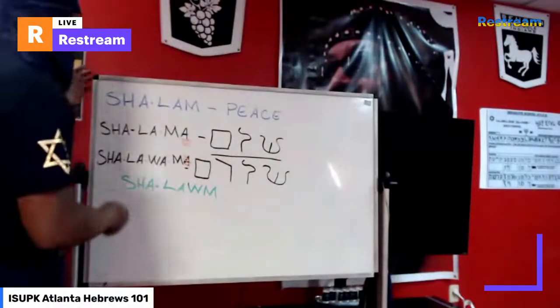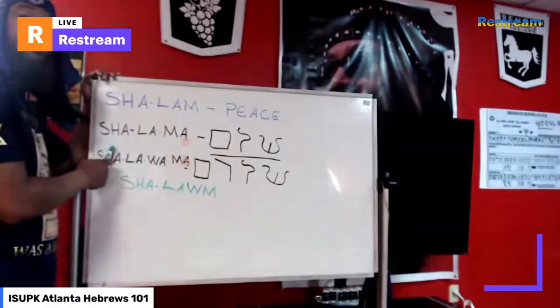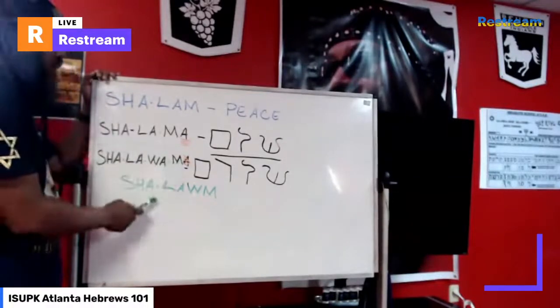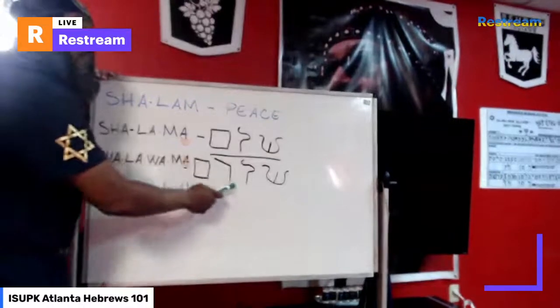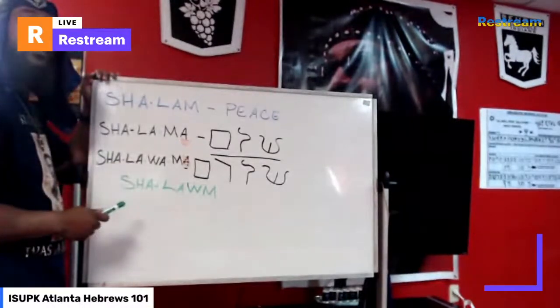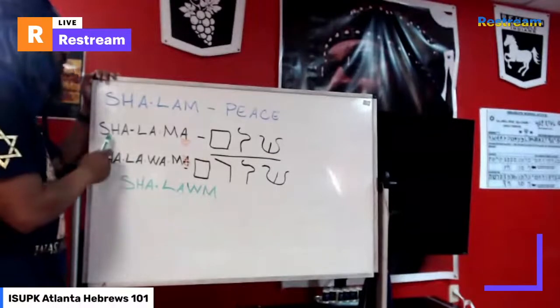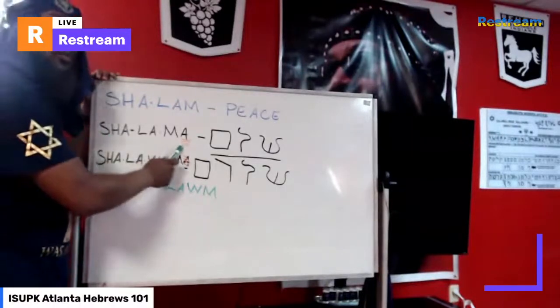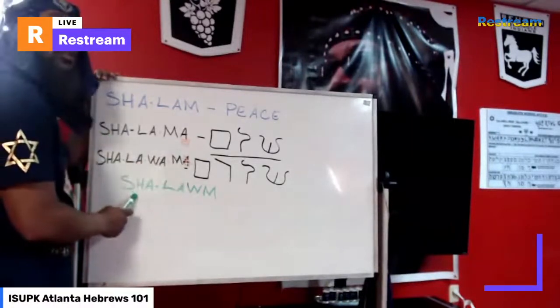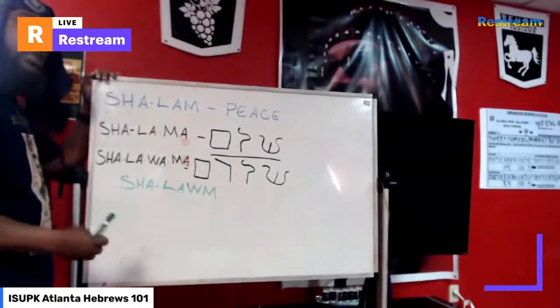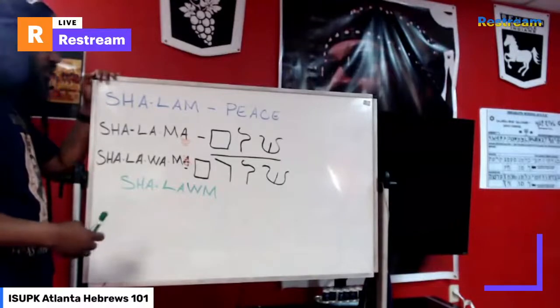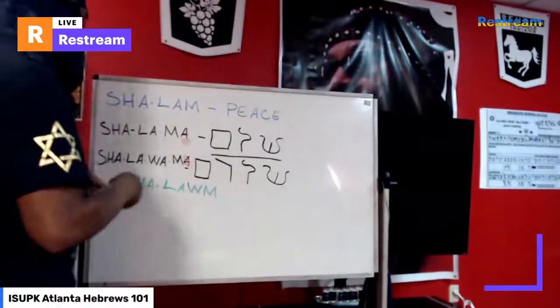Remember, we have shalom here. It's the same. It might be written different, but it's still pronounced the same. Okay? So now, let's try it out. Shalom. Shalom. Shalom. Okay? Does that make sense?